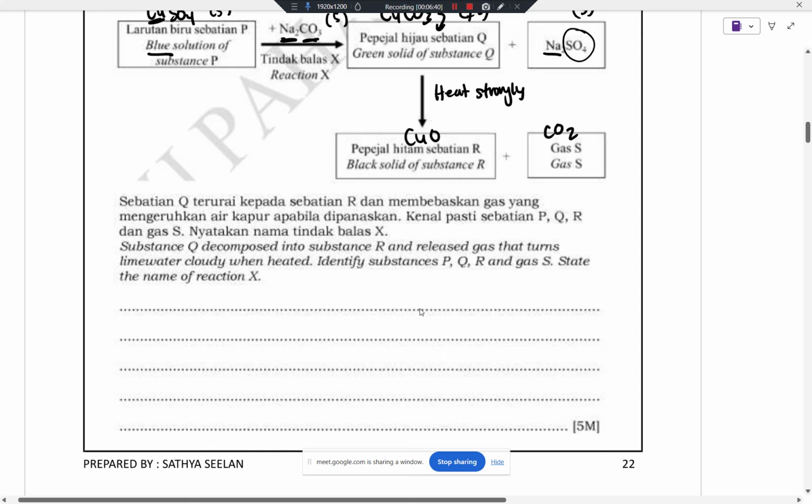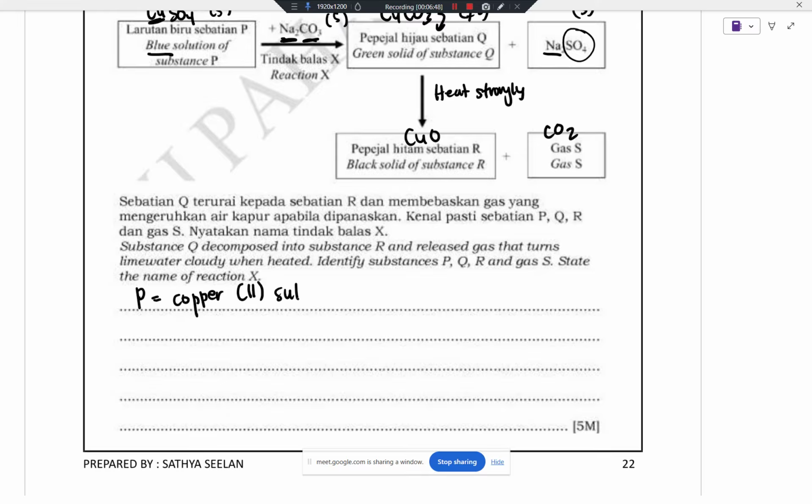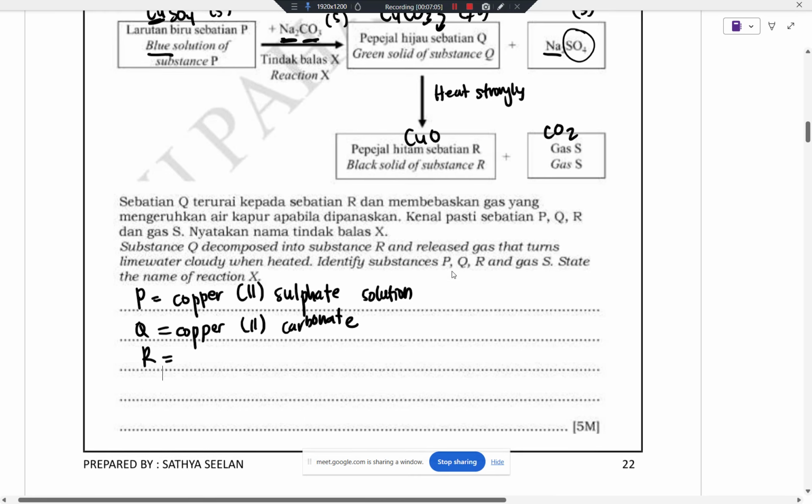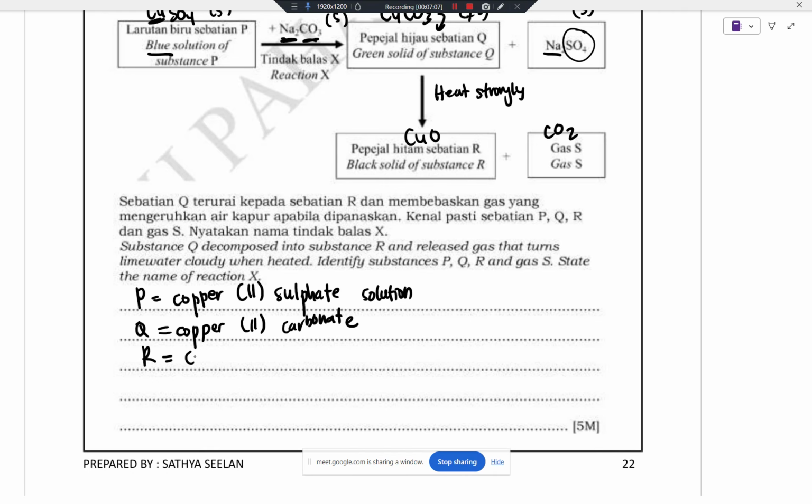Anyway, we sum up everything. P is copper(II) sulfate, while Q is copper(II) carbonate. R is the black solid, copper(II) oxide.